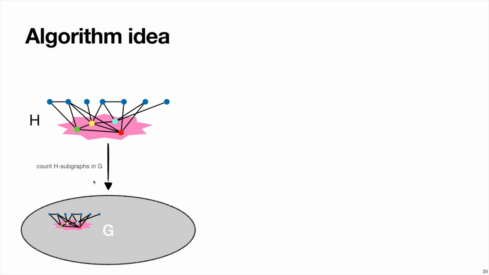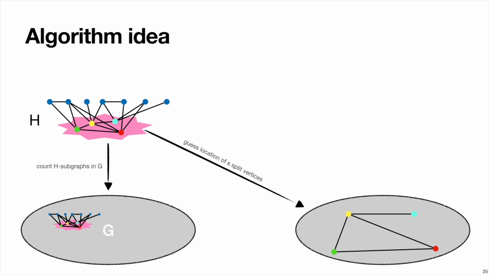In order to do so, we guess the location of these S split vertices using exhaustive search. This only takes time n to the s, and we get the images of these split vertices in the graph G, and we can check that the edges that we need between these vertices are actually present.